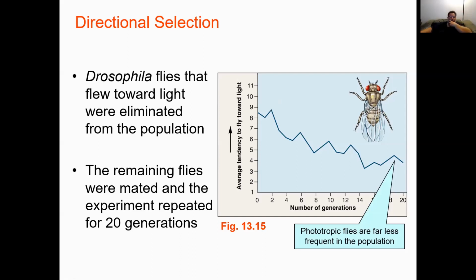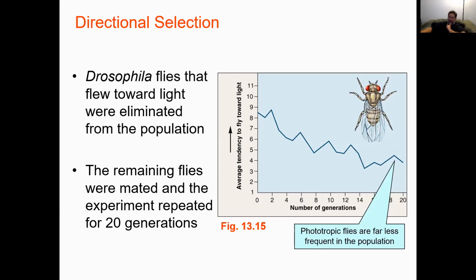So they did an experiment where they looked at flies moving towards the light, because flies like to, as you've seen with house flies, fly in the light. But some flies like to fly to light more than other flies. And so there's a frequency of flies flying towards the light. What they did was when a fly would fly towards the light, they would kill it.